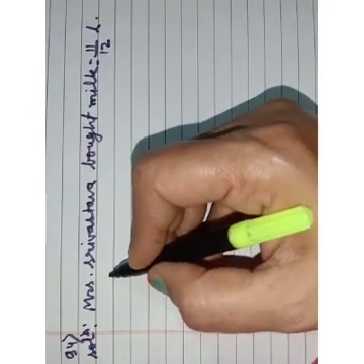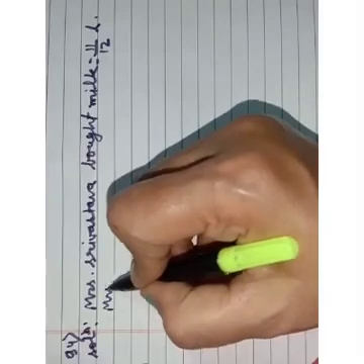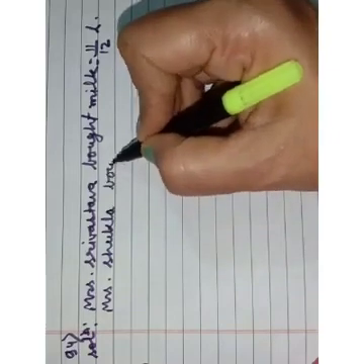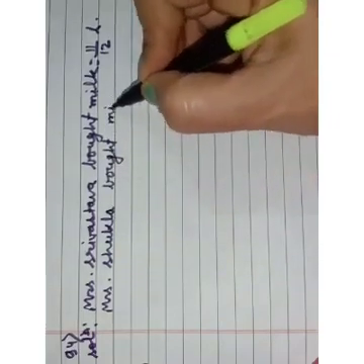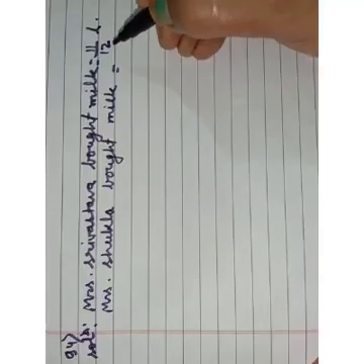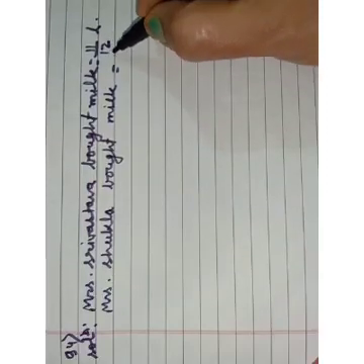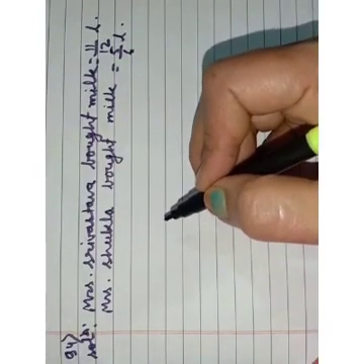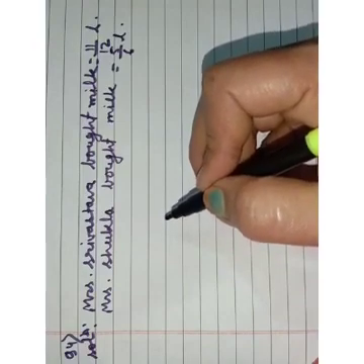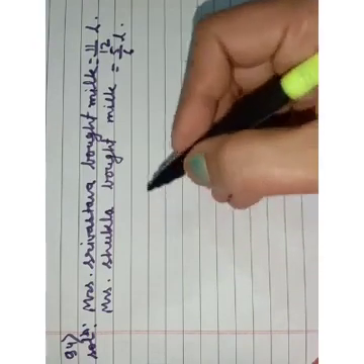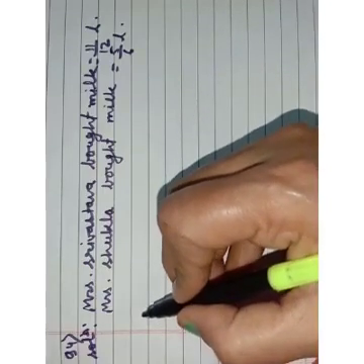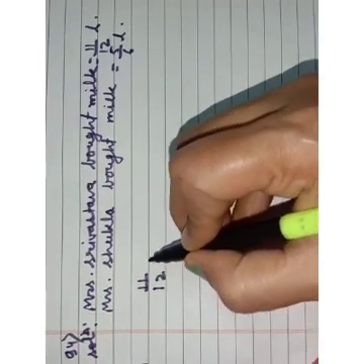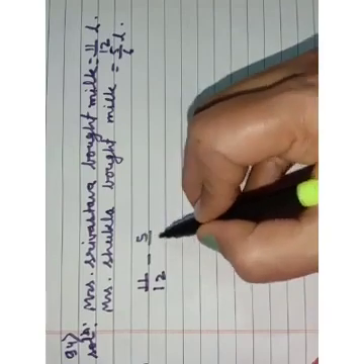Then Mrs. Shukla bought milk is equal to 5/6 liter. As we have to find who bought more milk, the difference will be the answer. So we can write it as 11/12 minus 5/6.